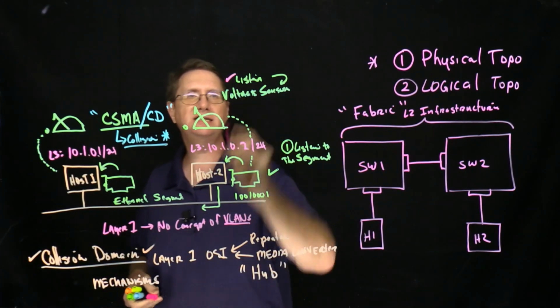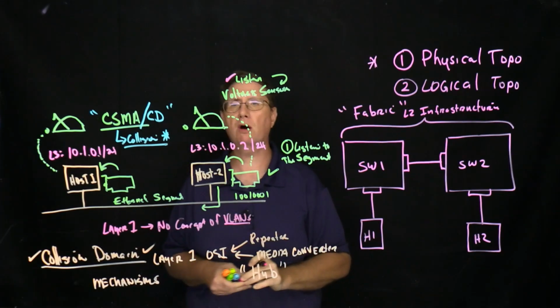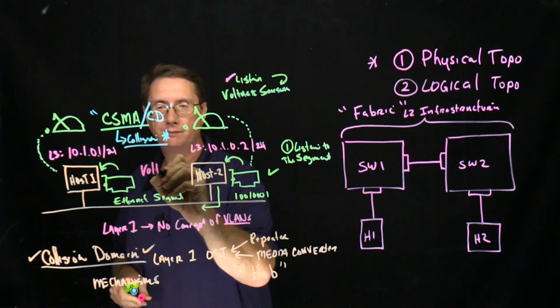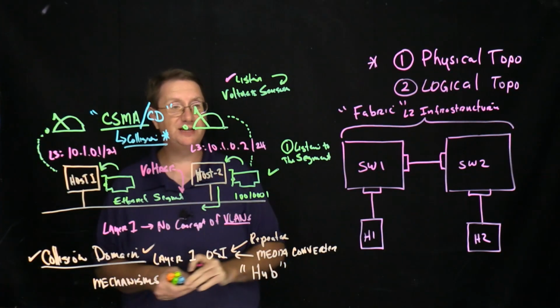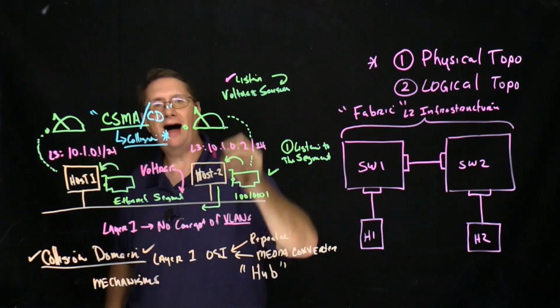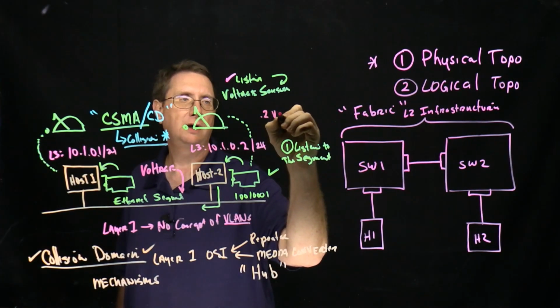Well, it's part of our listening process. Even though we're sending, we never stop listening with regard to monitoring the voltage that's actually running on the physical media. So in this instance, let's just assign a value, say 0.2 volts peak to peak.